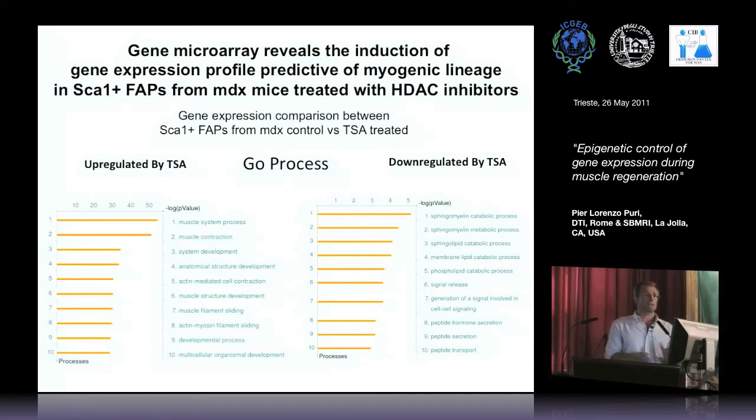of these cells in different conditions, and we confirmed that a number of genes upregulated by TSA were included in the muscle development, contraction, and lineage acquisition of these cells, while a number of genes involved in the adipogenesis were downregulated.